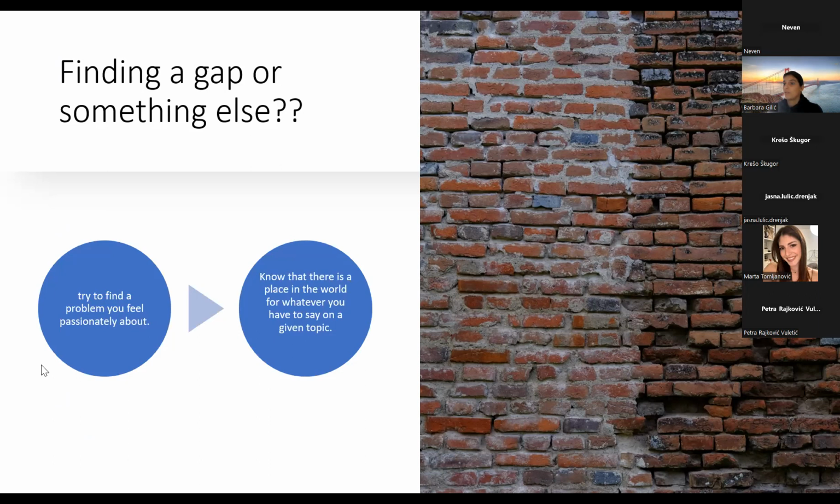Because of this, the most important part of the research is that you have to try to find the problem you are interested in. And the most important thing later, which follows this, is that you have to know there is a place in the world for whatever you have to say on a given topic.